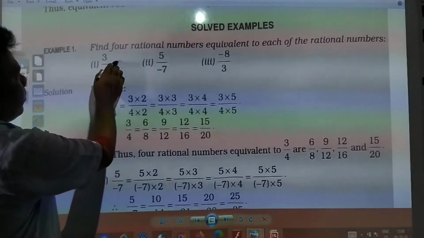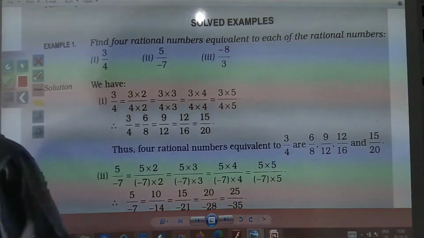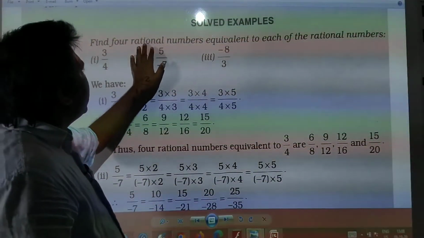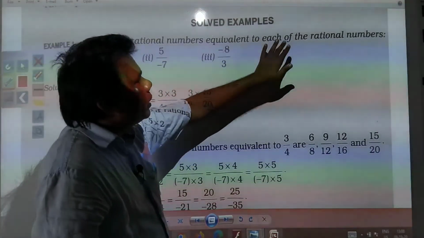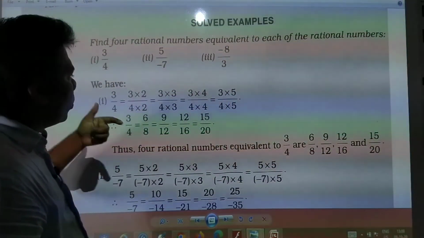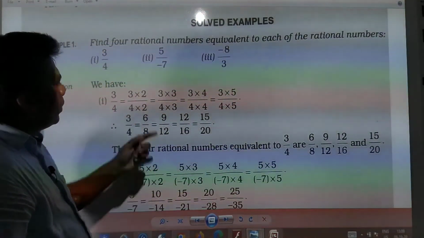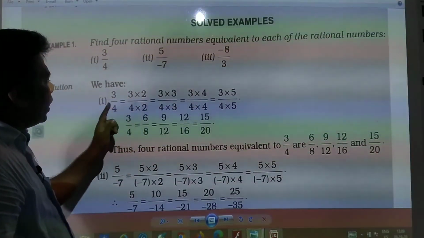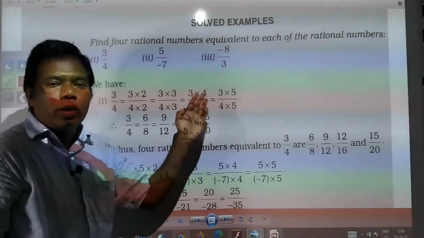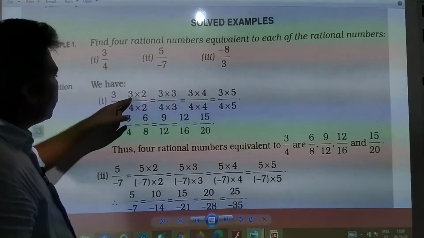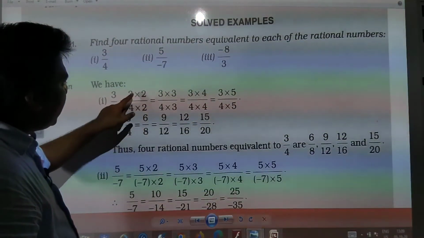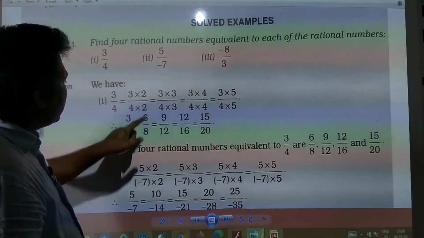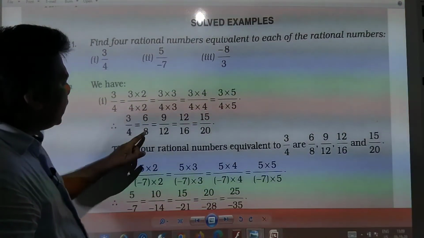Some solved examples, you see. Find 4 rational numbers equivalent to the rational number 3 by 4. What needs to be done? 3 by 4 needs to be multiplied by any 4 numbers. Suppose by 2: 3 twos are 6, 4 twos are 8.